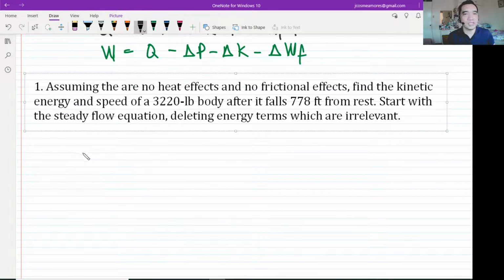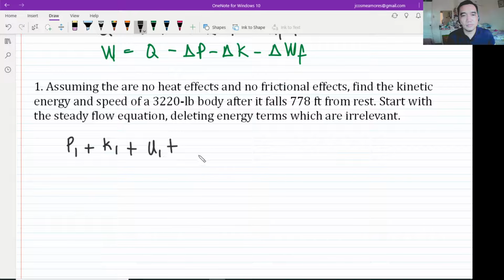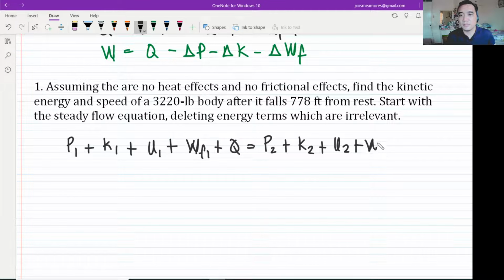That is always the case for every problem. We start with the energy flow equation, so let's write that down. You always start with this one, and afterwards you delete unnecessary terms, or terms that are not considered in the problem.